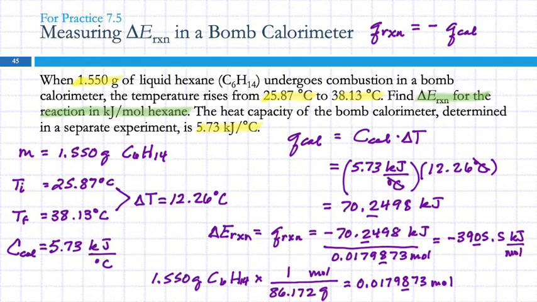If we round that, the best way to round it is to say this is negative 3.91 times 10 to the third kilojoules per mole.